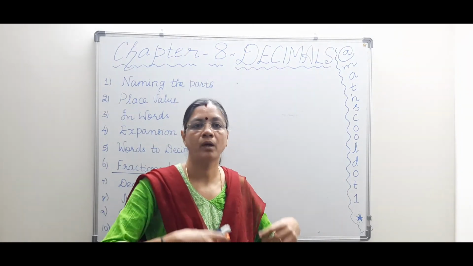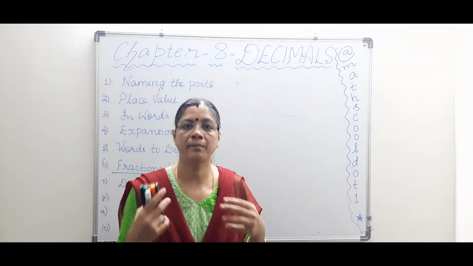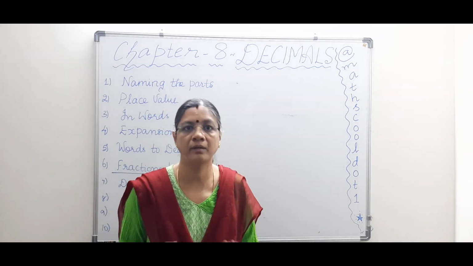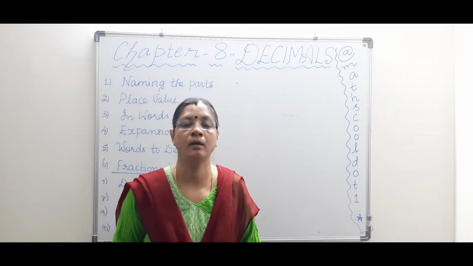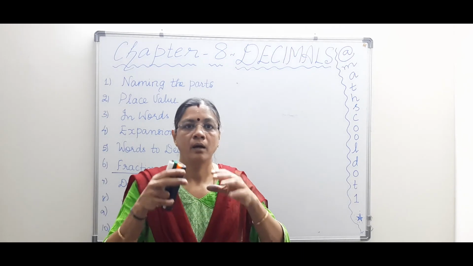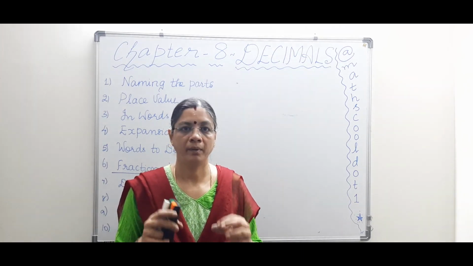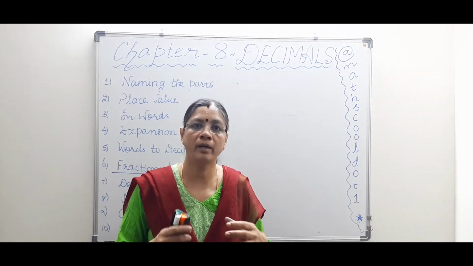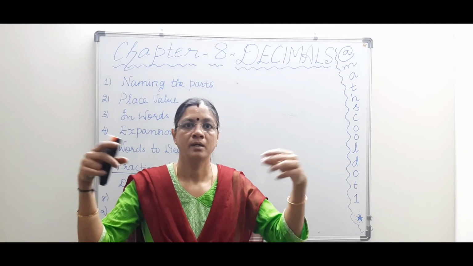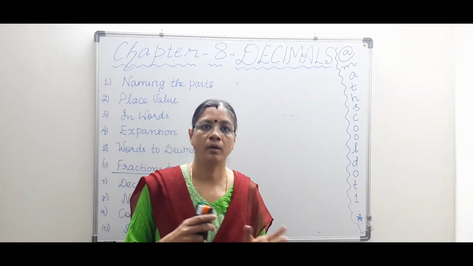So we'll see how to convert decimals to fractions, and then we'll illustrate the decimal numbers on a number line. We'll see where they stand on the number line, and how they sit in between whole numbers. We know fractions are in between whole numbers, isn't it? So likewise, how do these decimal numbers sit between whole numbers, and what are the nearest whole numbers?